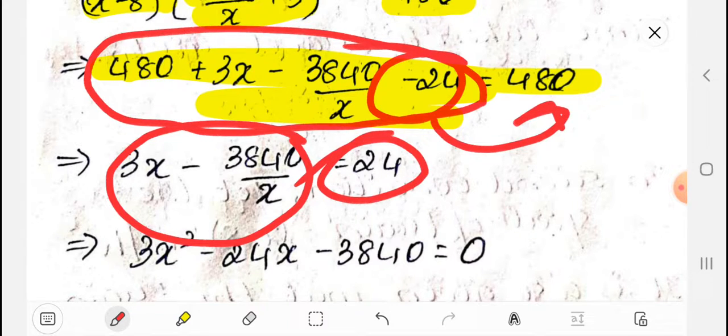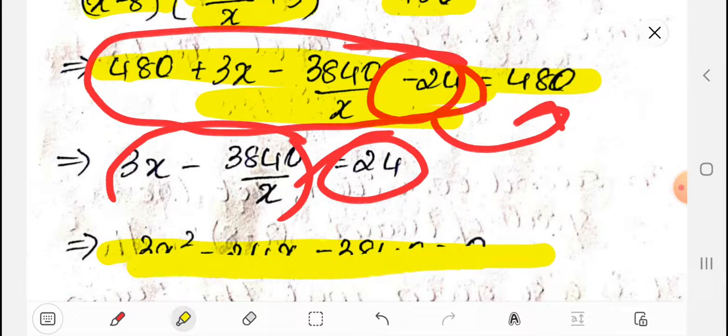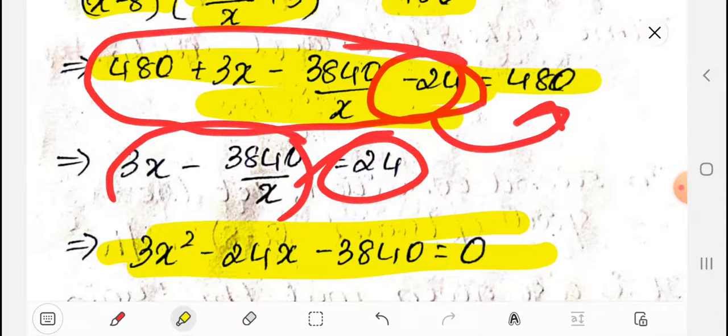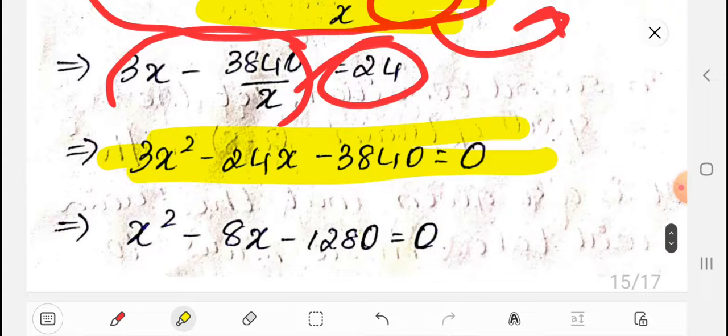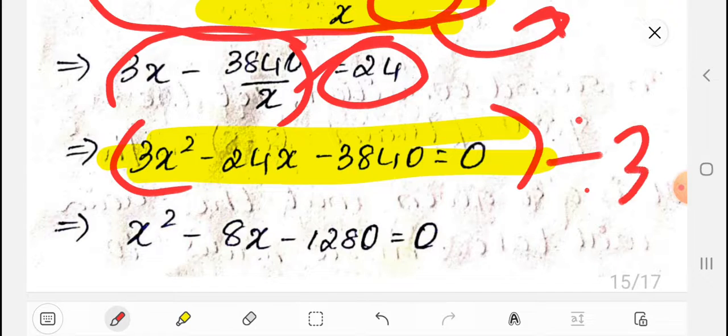Let it be sharply written, there is nothing to worry about. I will clear the screen later. Further simplifying, we get this, which can again be simplified by dividing the equation throughout by 3.